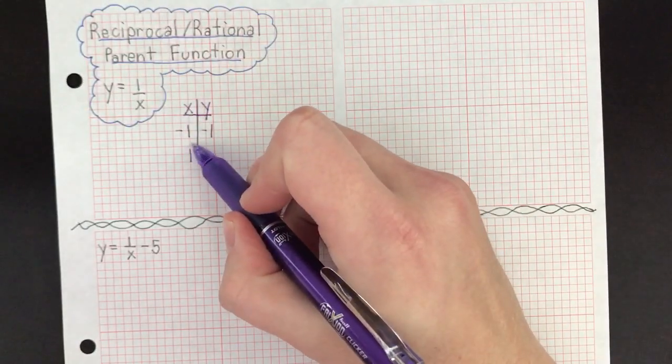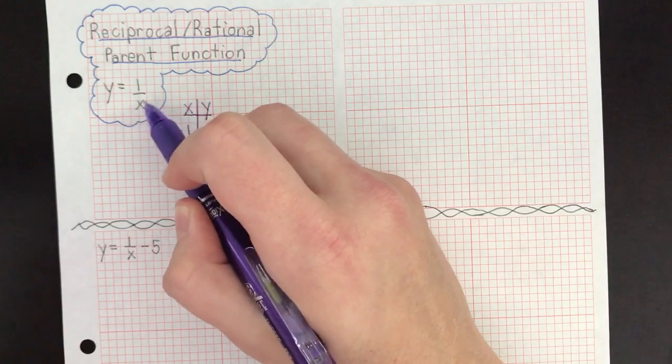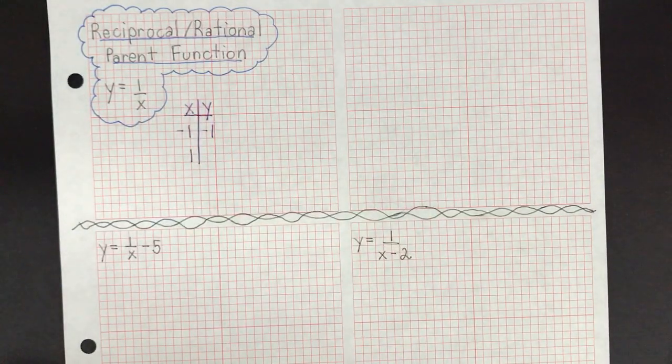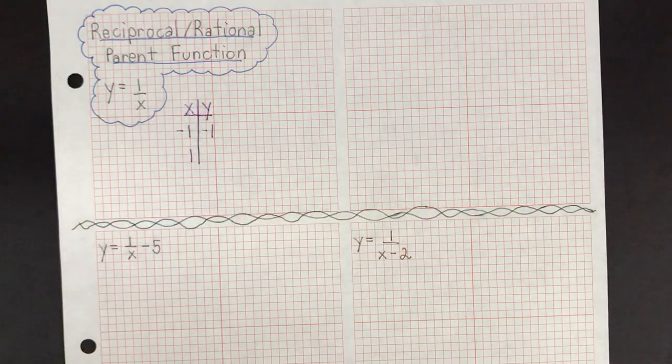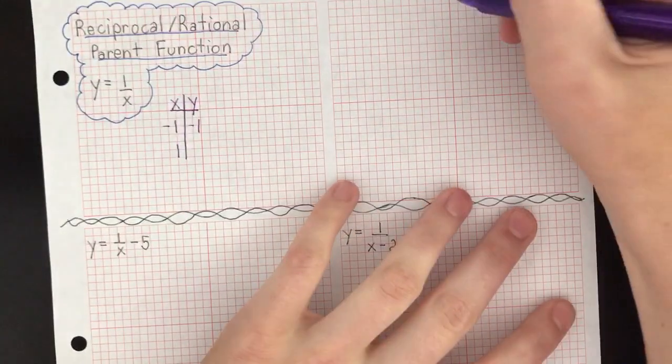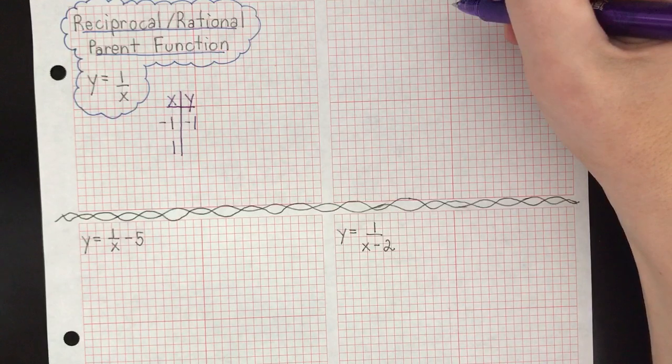Also, notice I skipped 0. Think about why. If you put 0 in the denominator of a fraction, that is called undefined. So we will not be using the x value of 0 because 0 cannot go in the denominator of a fraction.